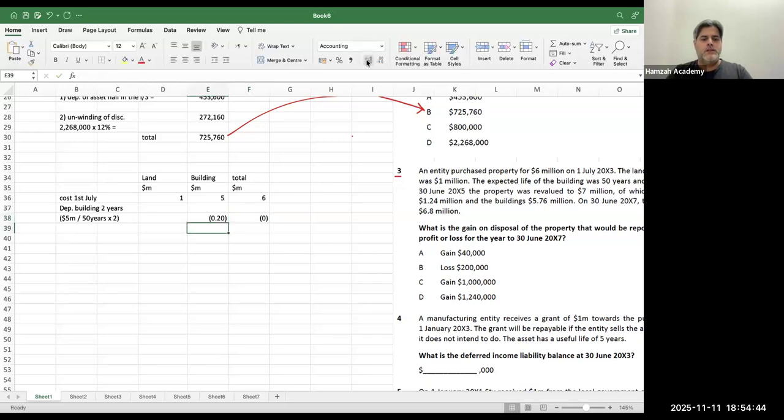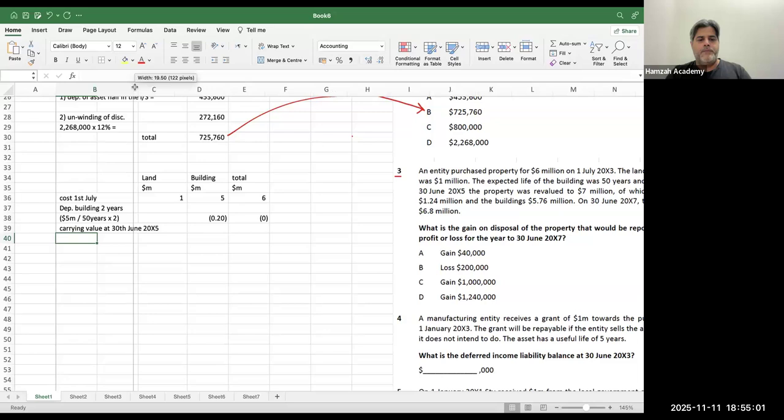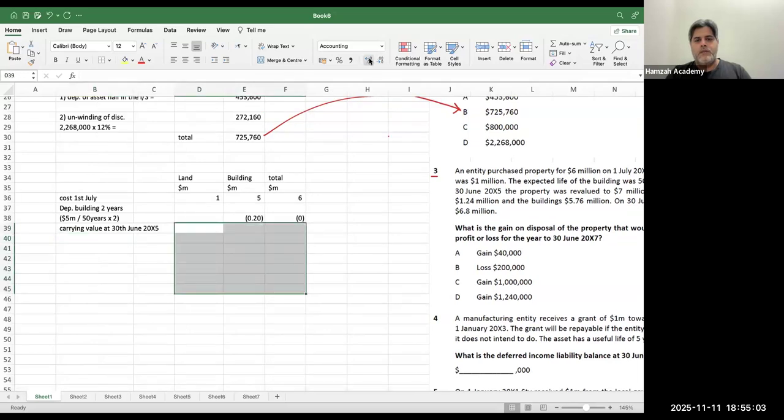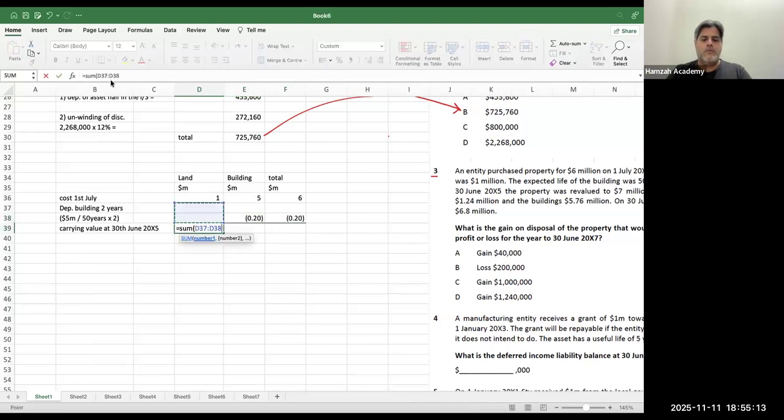0.2 from here. So we are going to get the carrying value at 30th June 20x5. Okay. Now, we are going to have a value of 1 here, 4.8 here, 5.8 over here.